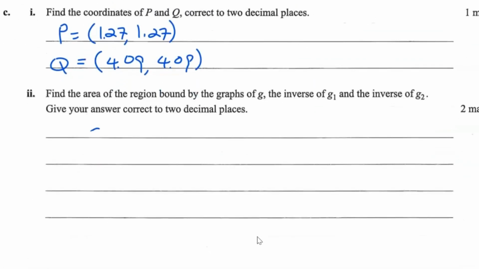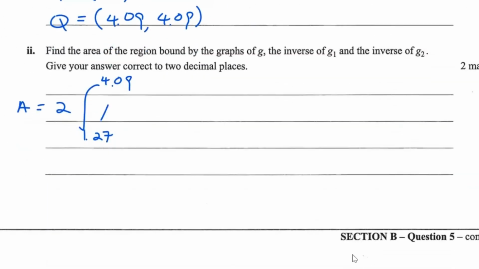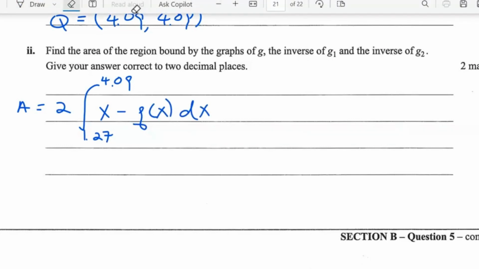So we could say the area from where the points intersect is going to be 2.7 to 4.0. We're just going to multiply by 2 because it's symmetrical. Which one comes first? X comes first: x minus g of x.